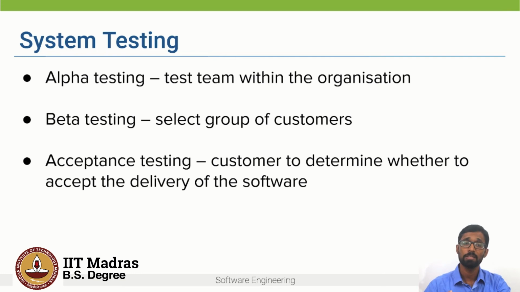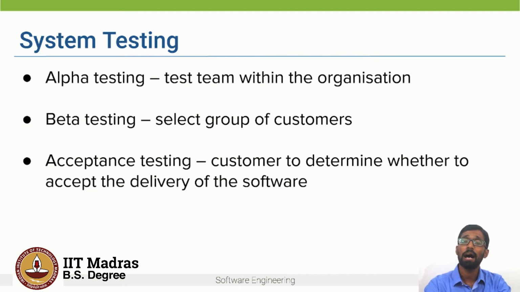So for example, we saw these types of testing: alpha testing is done by a test team within the organization, whereas beta testing is done by a select group of customers outside the organization. And then we have acceptance testing, where the system is given to the customer and the customer determines whether the system satisfies the requirements or the user stories, and they decide whether to accept the delivery of the software or not.